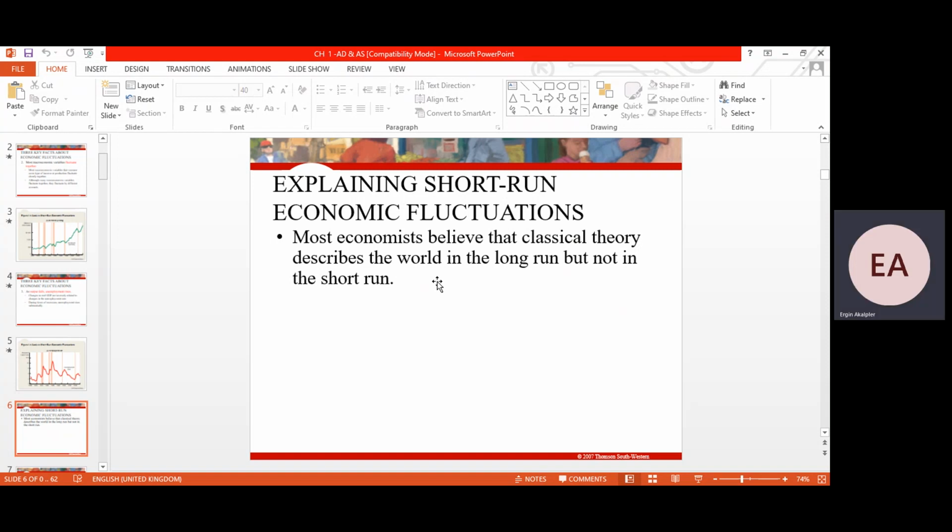The classical economy is supposed to be introduced in the long run, and it is affecting and changing the performance of the economies in the long run. When we are looking at a long period of time, we can easily determine the performance of the countries.